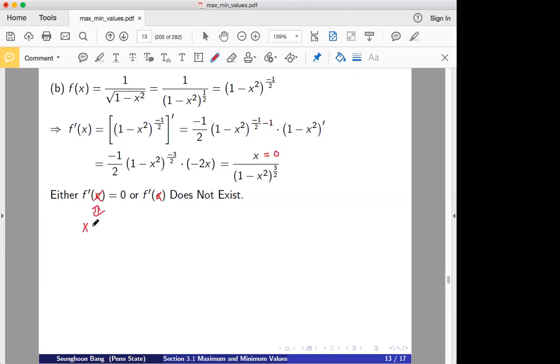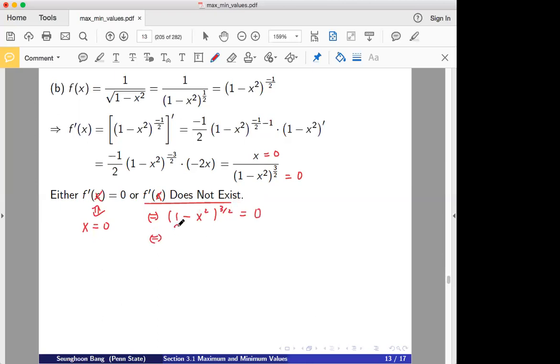So we have x equals 0. The second one, f prime of x does not exist, only when the denominator equals 0. So we have 1 minus x squared to the power 3 over 2 equals 0. We can solve the second one.